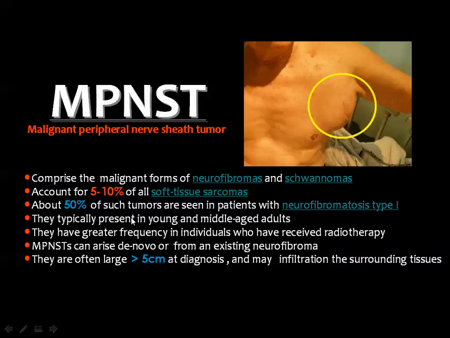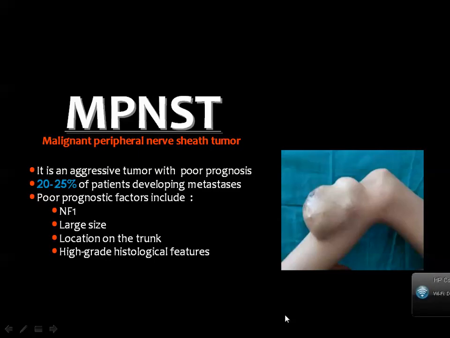This typically presents in young and middle-aged adults with a high frequency in individuals treated by radiotherapy. Then the tumor is often large, more than 5 centimeters in diameter, and may infiltrate the surrounding tissues.